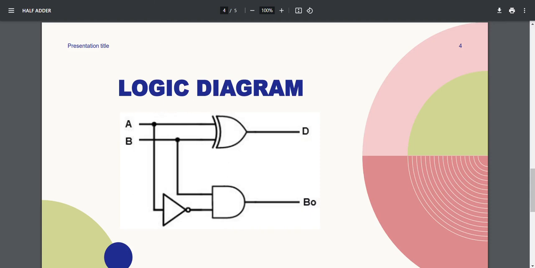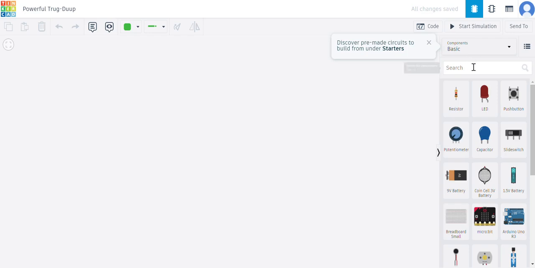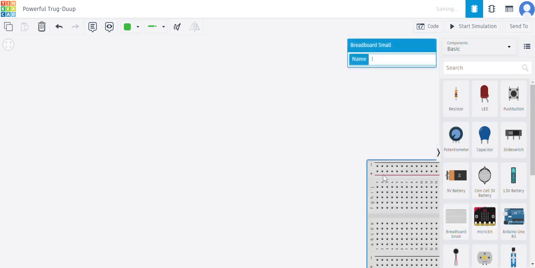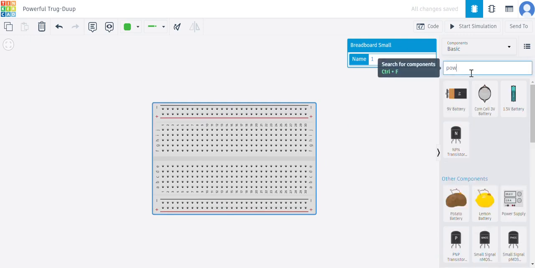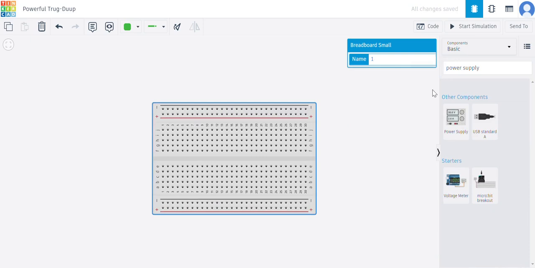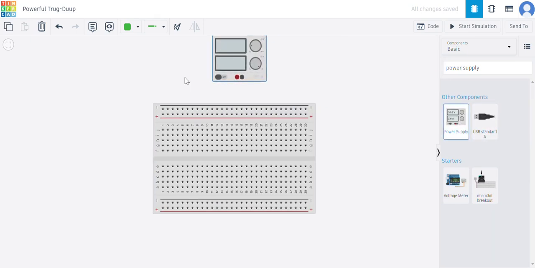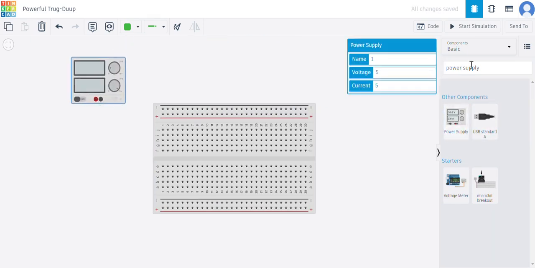So let's start. First of all, we need some components such as breadboard. So we use a breadboard. Then we require power supply. So we type here power supply in the search bar and we take the power supply.